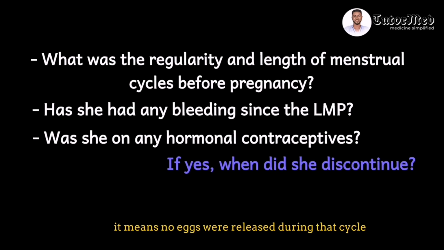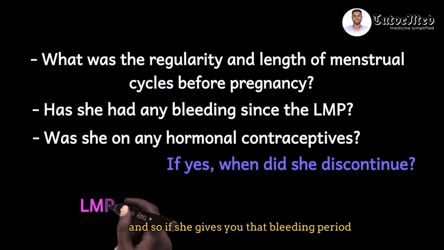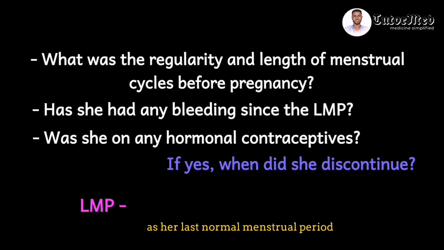It means no eggs were released during that cycle, but the patient still bled, and that is a normal finding in women who have recently stopped a hormonal contraceptive. And so if she gives you that bleeding period as her last normal menstrual period, the EDD or the gestational age calculated from such a date is not likely to be correct. And so you want to know her hormonal contraceptive history prior to pregnancy.